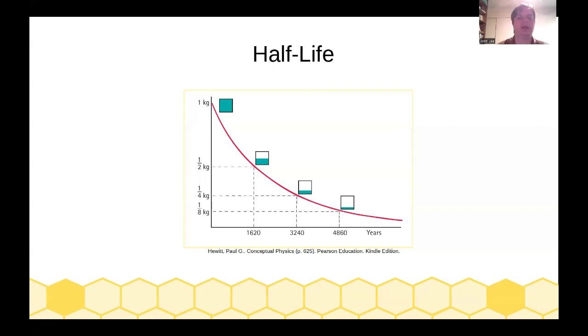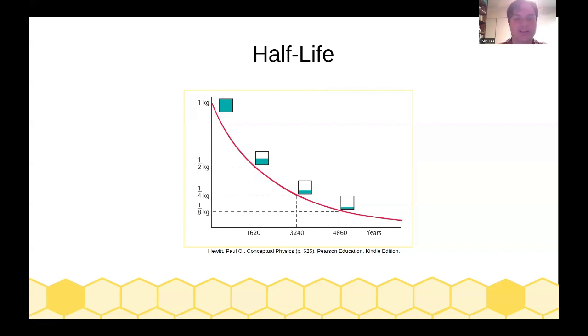So if you have a half-life of 1,620 years, then 1 kilogram of an object will become half of a kilogram of a material over 1,620 years. Over the next 1,620 years, it's only going to lose half of that half, because the amount that decays is dependent on the amount of a material that there is.